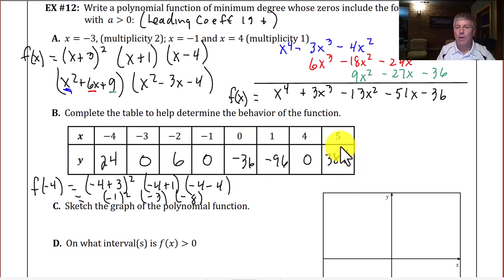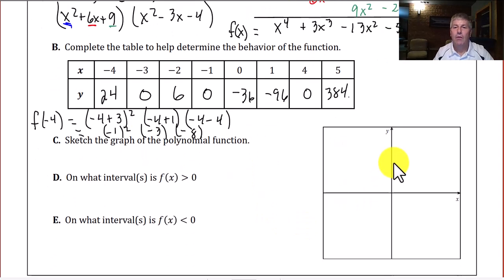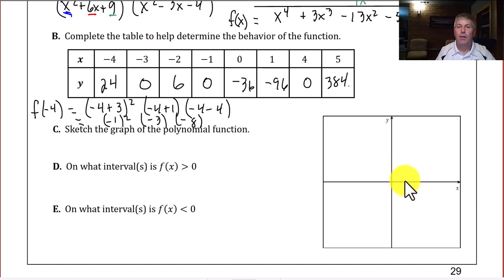So now we have a bunch of ordered pairs that we can plot down here for our polynomial function. I would begin by plotting at least the zeros. So we've got some x-intercepts here at negative 3, negative 1, and 4.